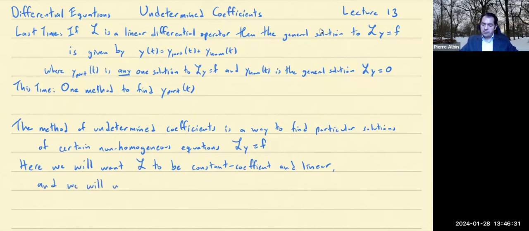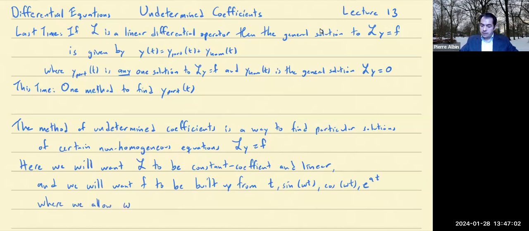And we will want F to be built up from t, sine of some angle, say omega times t, cosine of omega times t, e to the at, where we allow omega and a to be constants.